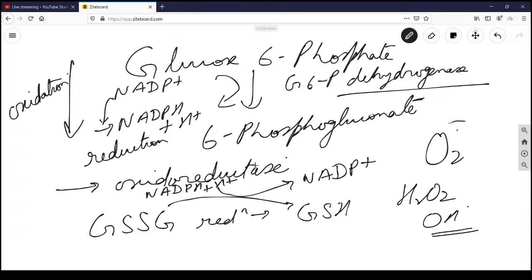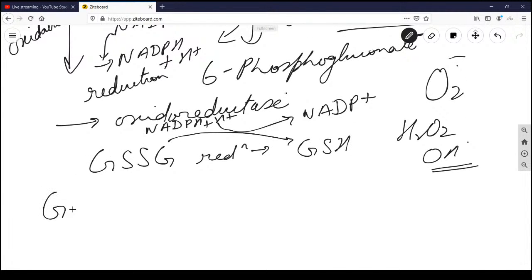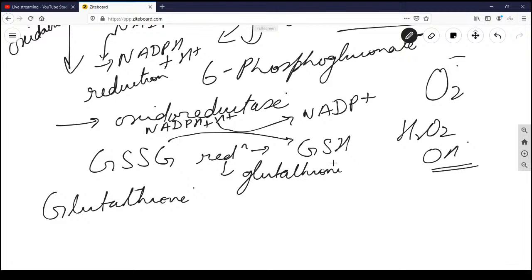So you can see this cycle will keep on going. NADP plus is produced, and now it is again becoming NADPH here. Now I'll tell you about glutathione, and the enzyme used here is glutathione reductase.